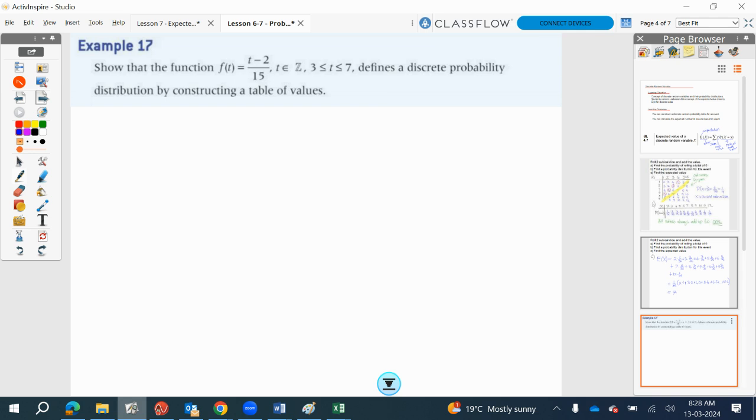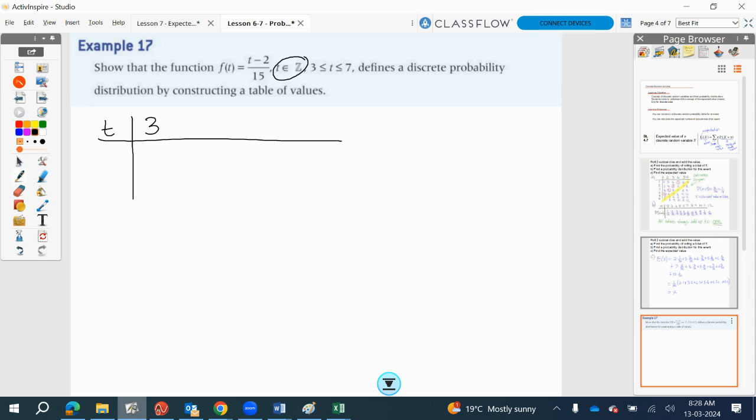All right. So we've got the letter T. What values can T have? What does this symbol mean? You've got to get used to reading these symbols.